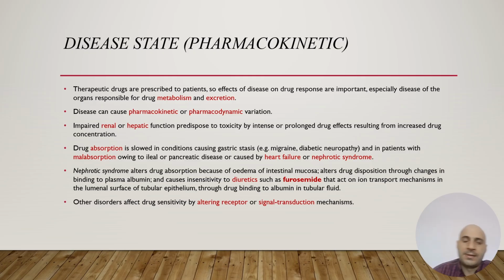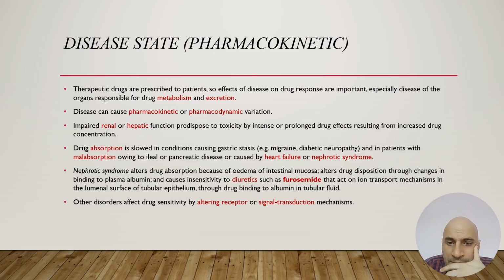Another consideration would be disease state. Disease state can affect pharmacokinetics and pharmacodynamics of the drug. So therapeutic drugs are prescribed to patients who may also be subject to the effects of the disease.